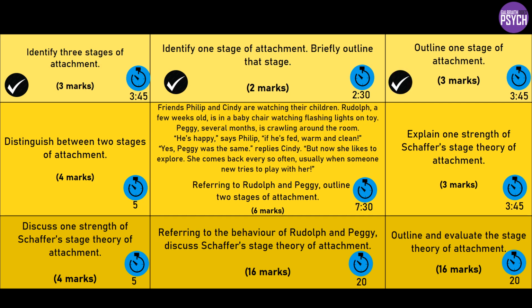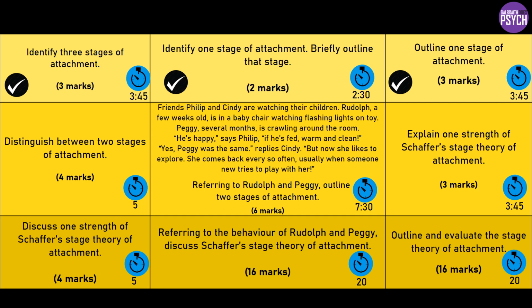Right, distinguish between 2 stages. Okay, let's go for indiscriminate and discriminate. So the second and third stages. Distinguish means explain the difference. And to do that, what you're going to do is tell the examiner very clearly what it is you are comparing them on, or what is the difference, as opposed to just define them both, yeah?